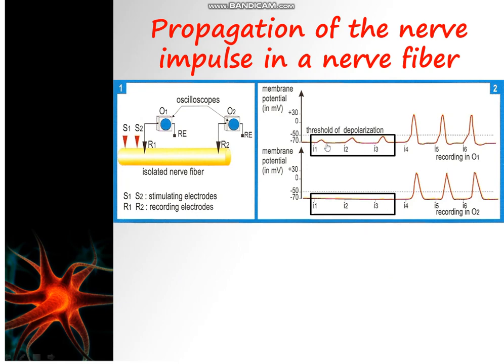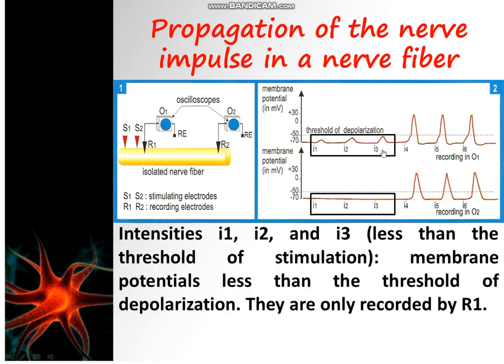Now let's study the results. First, we stimulate with I1, I2, and I3. And as you see, they triggered an increase of membrane potential. But this increase remains less than the threshold of depolarization, so we can't have an action potential. Why? This is because I1, I2, and I3 are less than the threshold of stimulation of the nerve fiber.